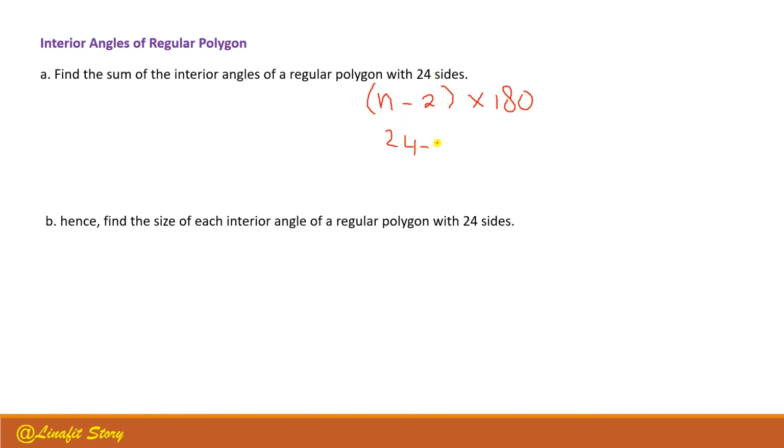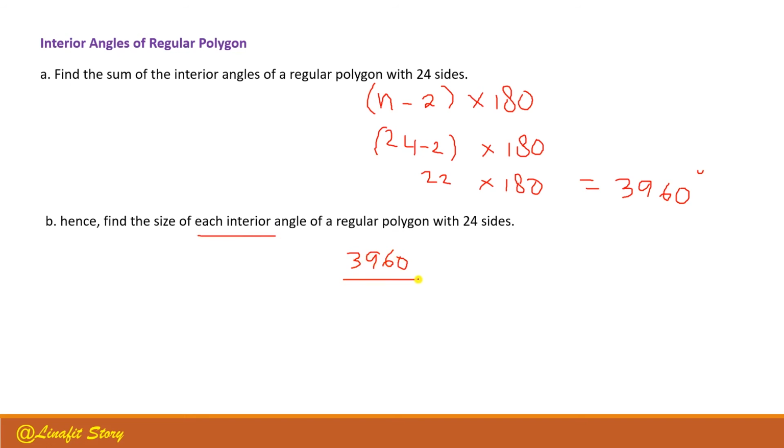So 24 minus 2 times 180, 22 times 180 is equal to 3,960 degrees. Hence, find the size of each interior angle of a regular polygon with 24 sides. So 3960 divided by n, which is 24, is equal to 165 degrees.